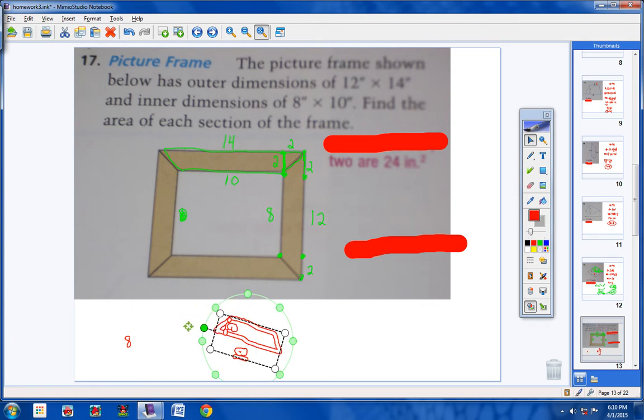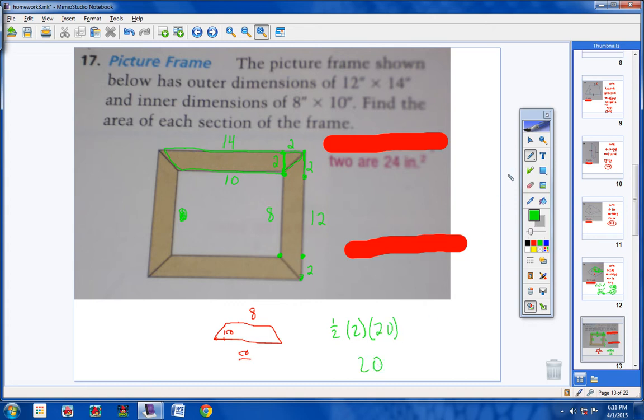Now flip this thing around. There we go. So now to find this area, I would have 1/2 times the height times my two bases added together. 8 plus 12 is 20. And you would get 20 square units if you multiply those three numbers together. So the other two are 20 square inches. I guess it'd be inches because it was given to us in inches. So instead of saying units, I should say inches. Alright, so there we go, not too difficult.